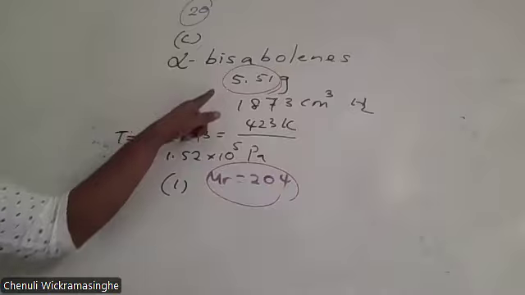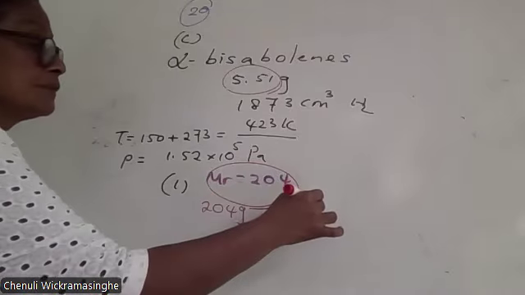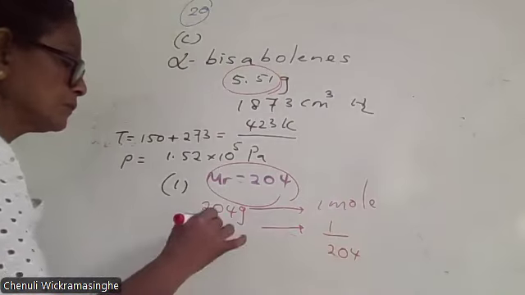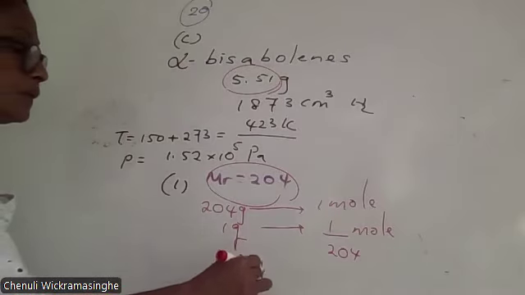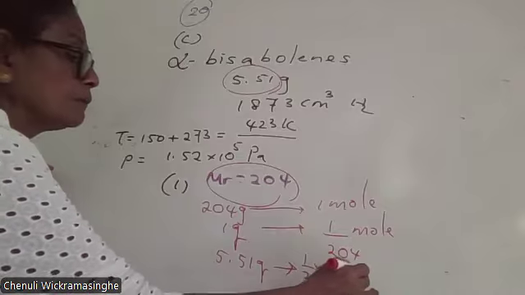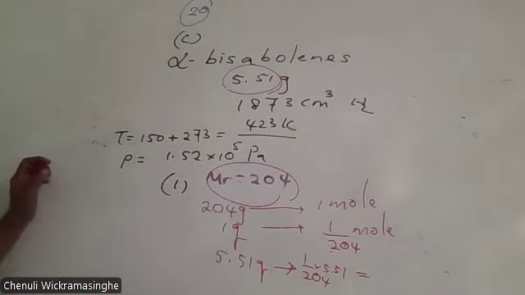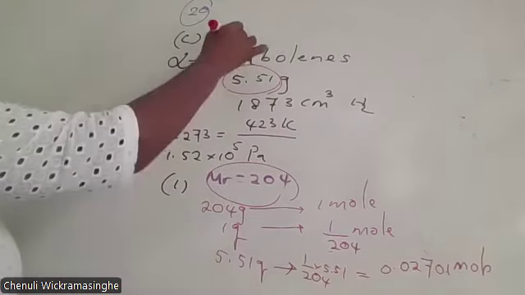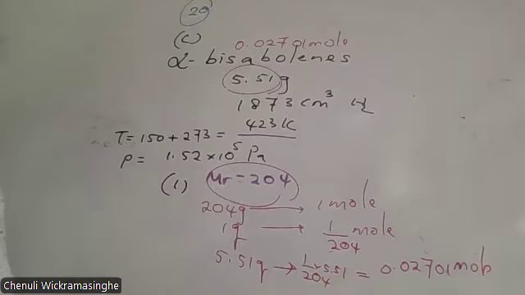Get the key values and make very sure that you have all of them. 204 grams of bisabolene is 1 mole of the compound. 1 gram is 1 divided by 204 moles, but now you have 5.51 grams. So you have 1 over 204 multiplied by 5.51, and you get the number of moles: 0.02701. 0.02701 moles are present in this bisabolene, not 2701 moles. If you get the answer, this is 1 mark.